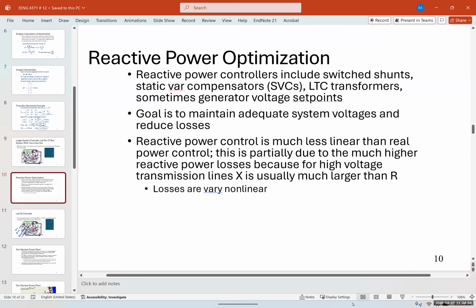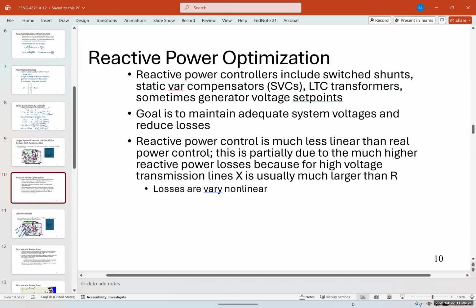Now, reactive power control is done through switched capacitors and reactor banks, and static volt-amp reactive compensators as well. And also load tap changing transformers and sometimes generator voltage set points. And the goal here is to maintain proper voltage across the system and reduce losses.